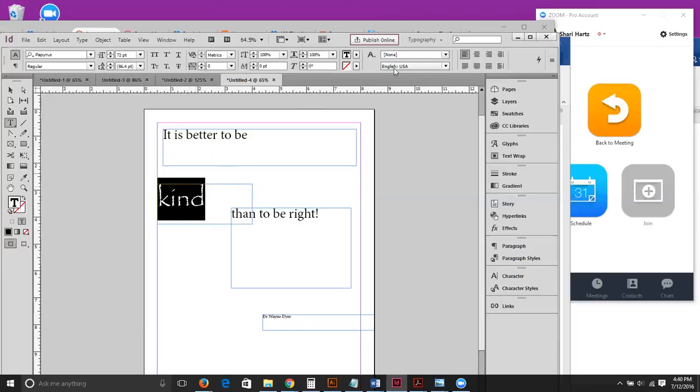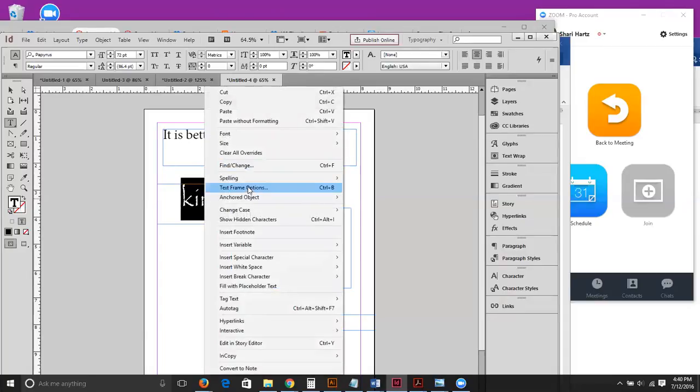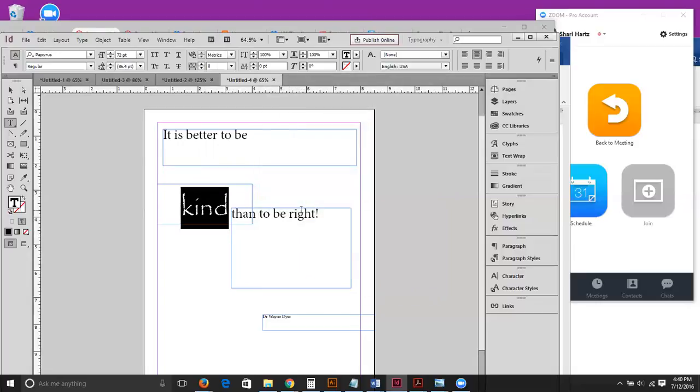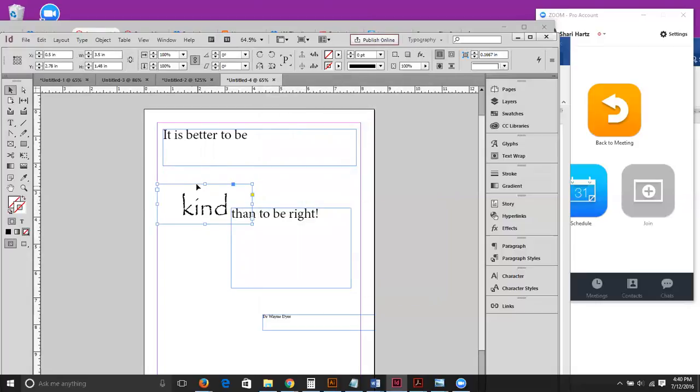So what I can do is center it here. And then I can go to my text frame options and center it top to bottom. I'm right clicking on it, by the way, if you guys were wondering how I'm getting that. And then I can choose the box and make it black. Notice I have the stroke on top, so that's why I put the color in the stroke. I'm going to flip it.